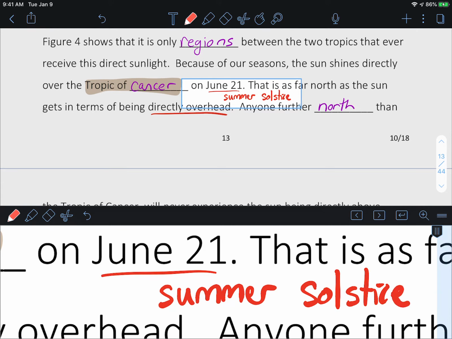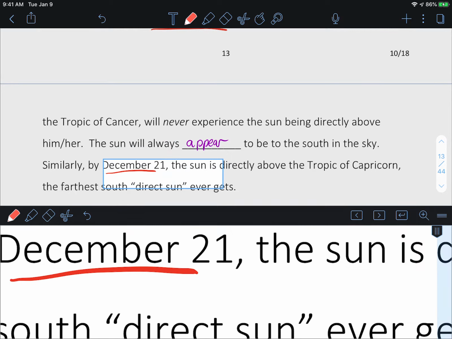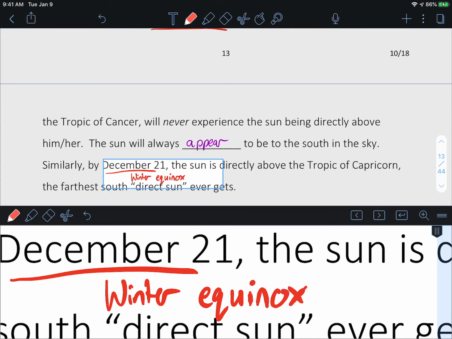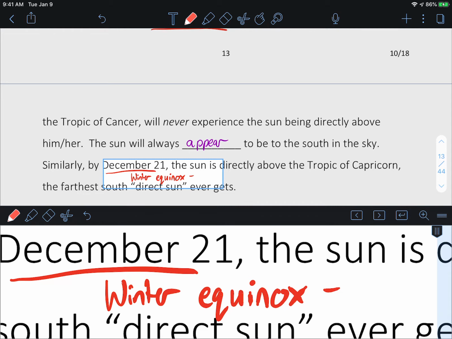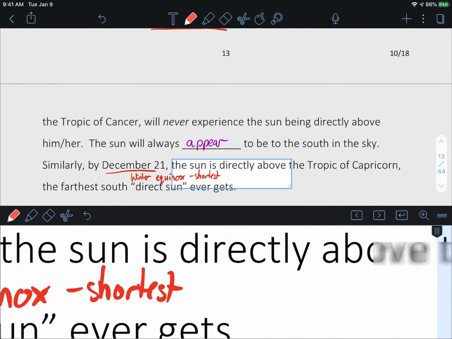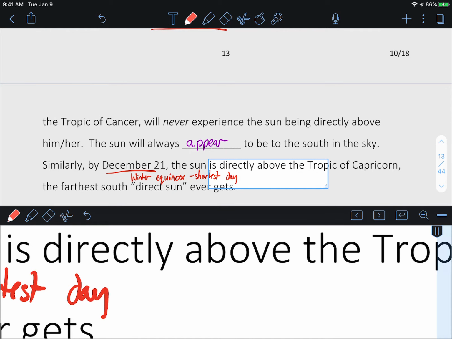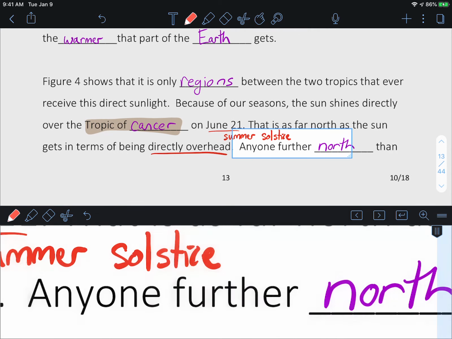And this is also known as the winter solstice, the shortest day of the year for us, and the longest day.